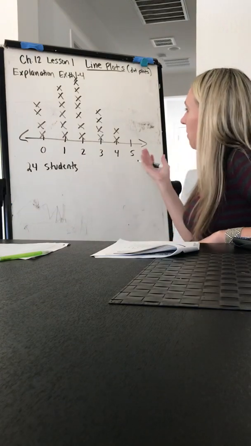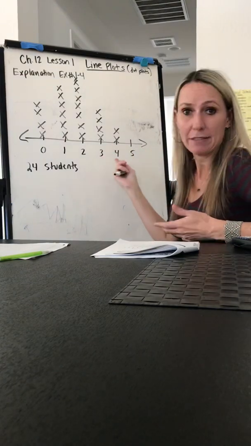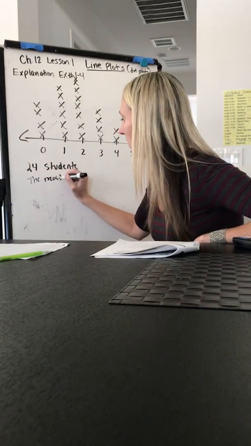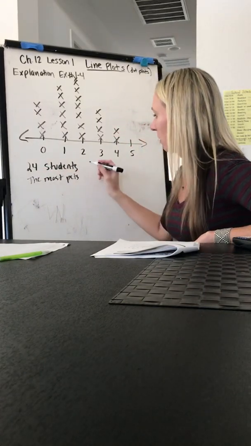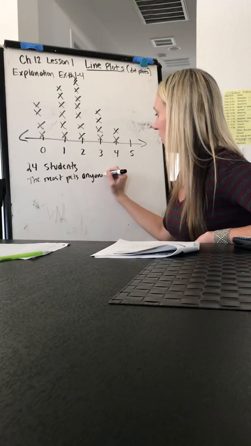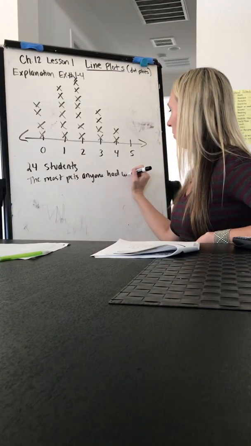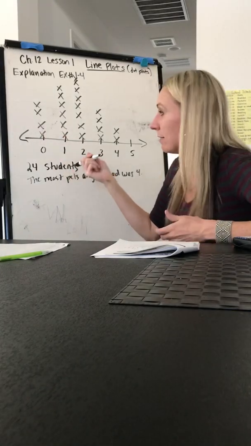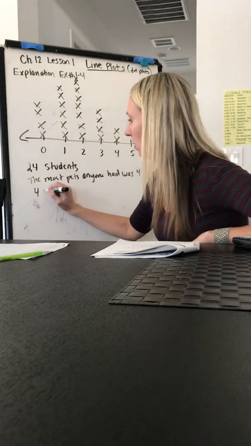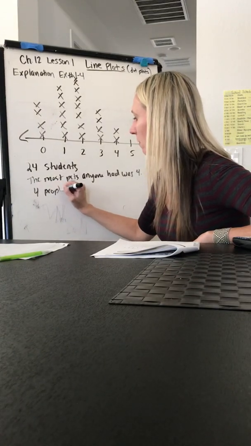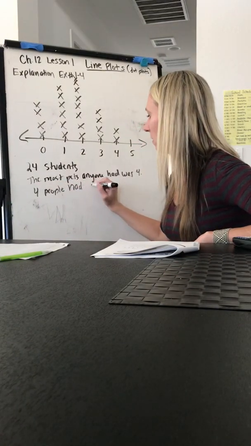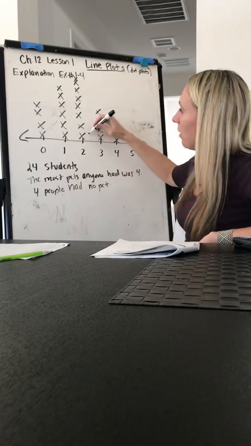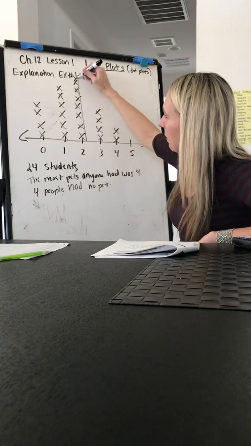You can say something like, the most pets anyone had was 4. And then you can say, 4 people had no pets.